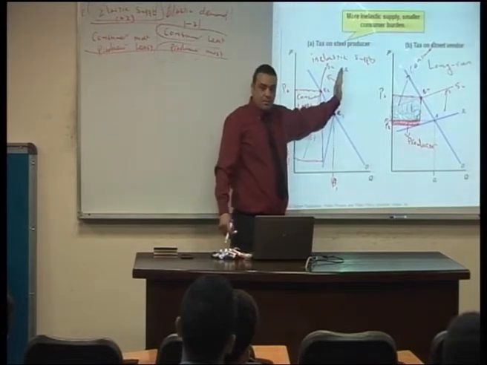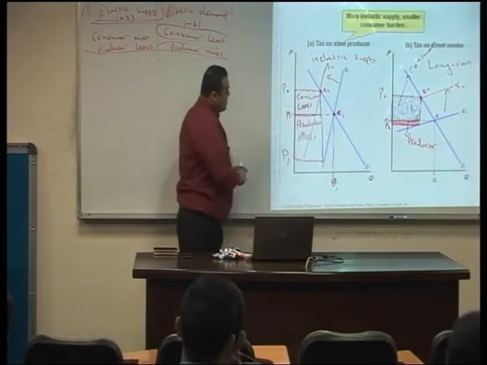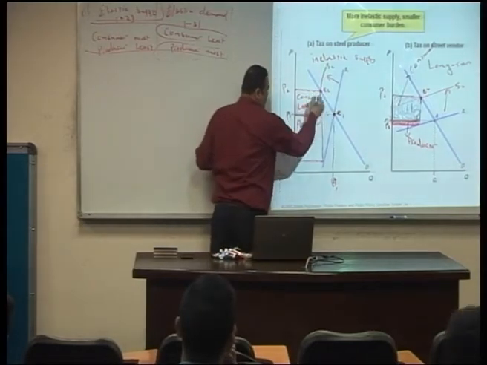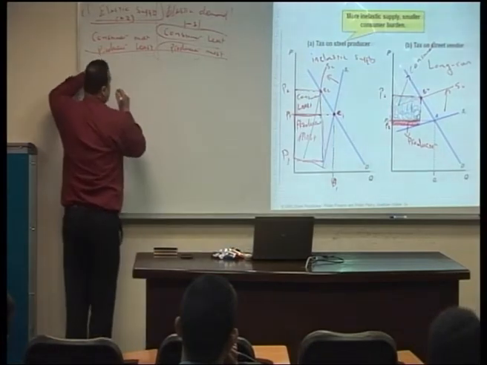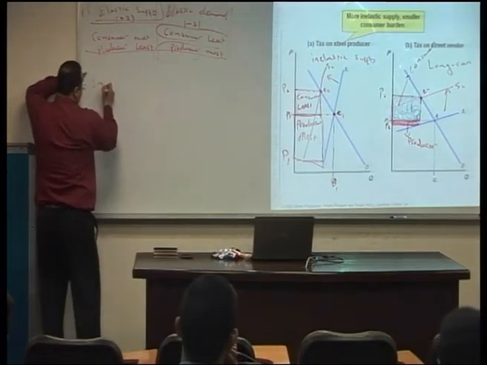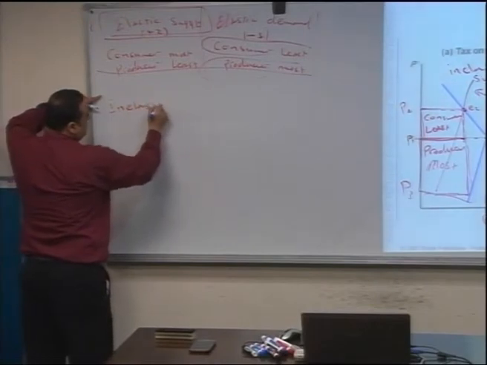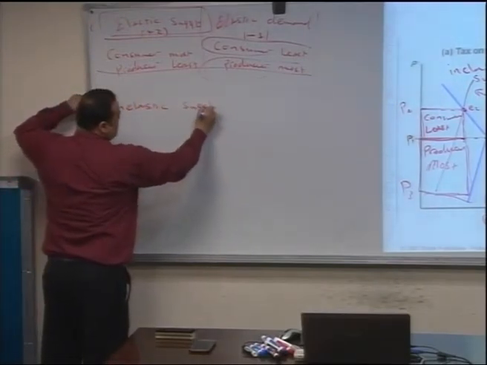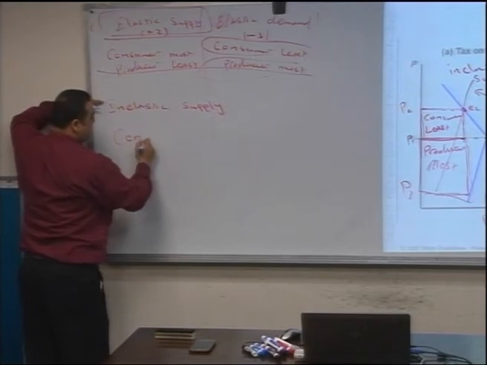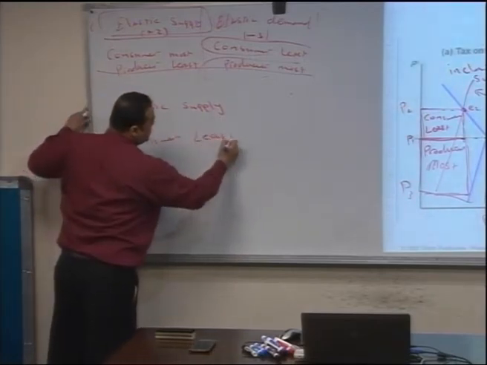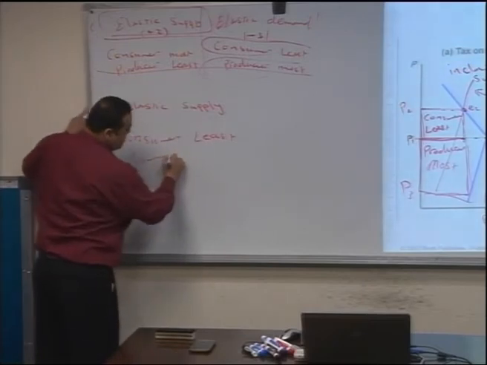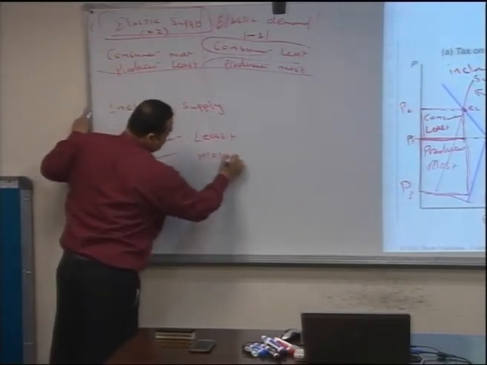It's steep here. The consumer pays the least and the producer pays the most, which means when supply is inelastic, consumer pays the least, and the producer pays the most.